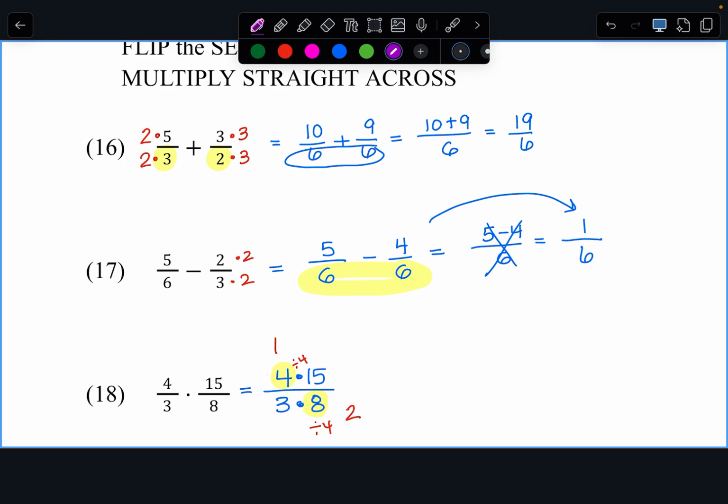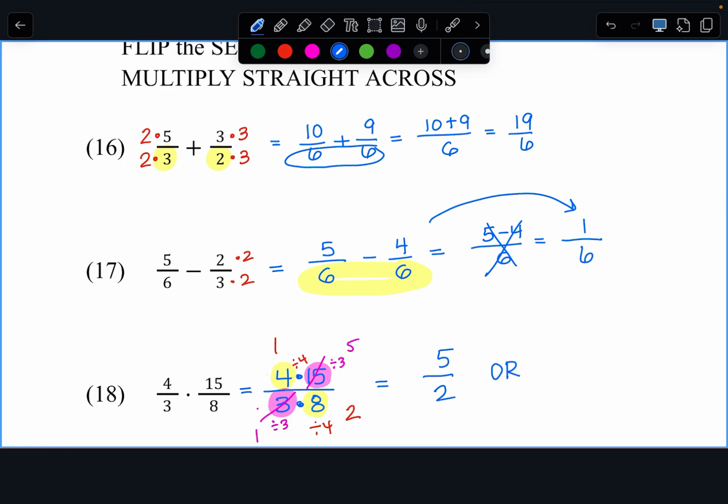Okay. Now over here, if we look at 3 and 15, what can we divide both of those by? 3. Yeah, if we divide by 3 and divide by 3, we get 5 and 1. So 5 over 2 is our answer.